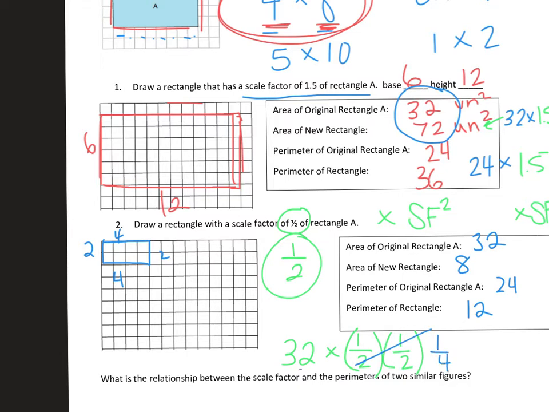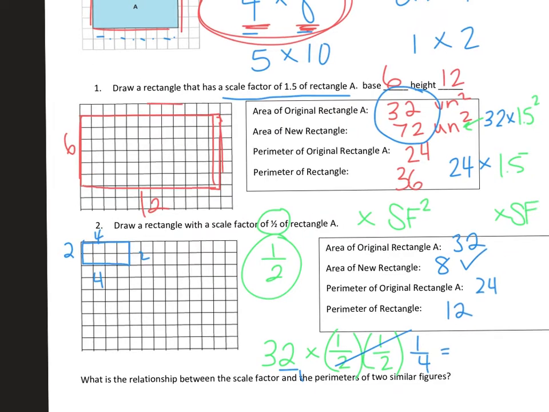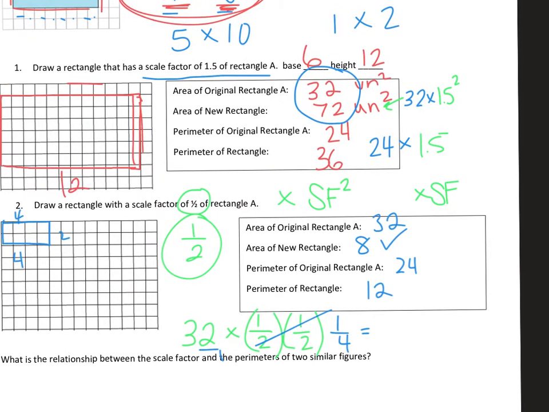So 32 over 1 times 1/4 is the same thing as 32 divided by 4, which is 8. So that works. Now let's check out the perimeter. I take the original perimeter and just multiply it by the scale factor, which is 1/2, and I should get the new perimeter, which was 12.